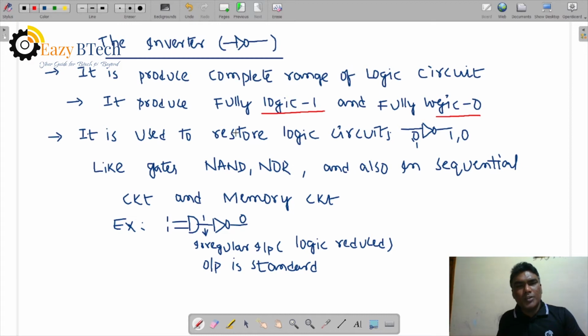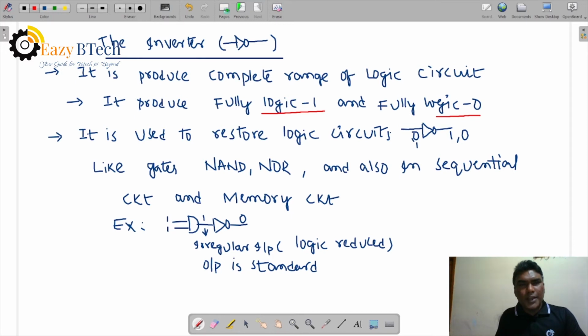We apply logic 0 or logic 1 input, and the output is the complement: complement of 1 is 0. So output is completely logic 1 and logic 0. It restores the standard output: if any signal is degraded, the output will still be standard. This is the purpose of the inverter in digital circuits.